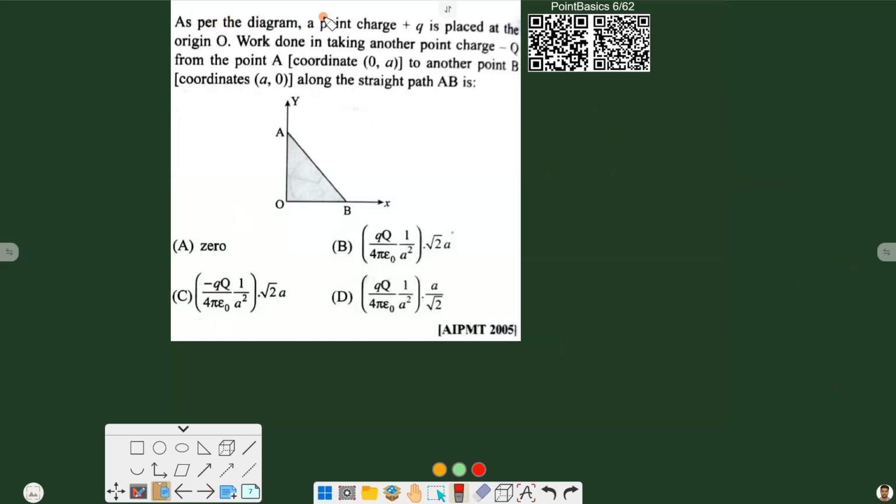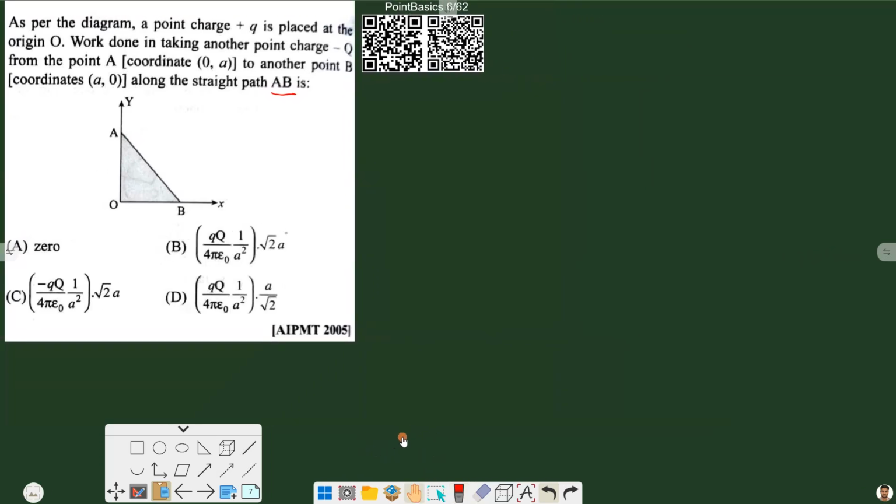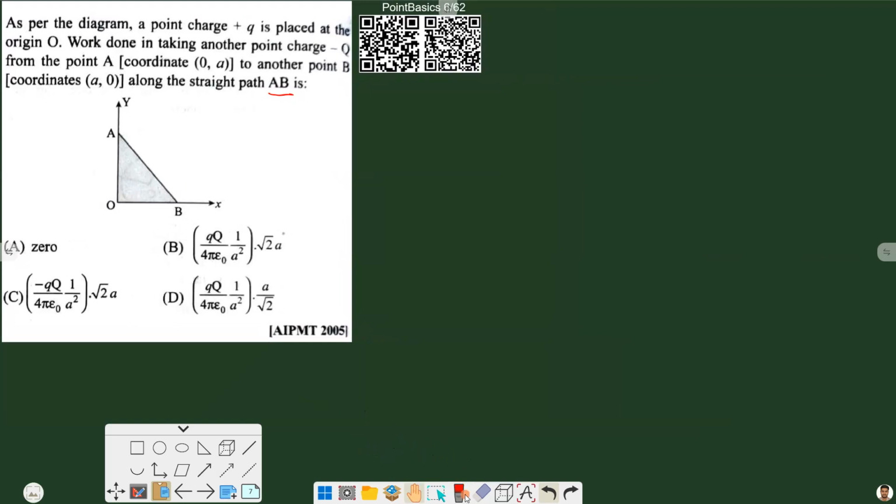as per the diagram, a point charge plus q is placed at the origin O. Work done in taking another charge minus q from point A to another point B along the straight path AB is. So as we know, in case of electric potential, work done only depends upon the initial and final position.